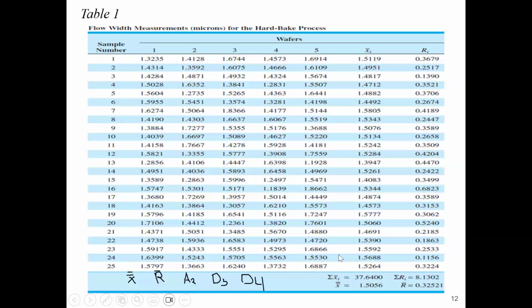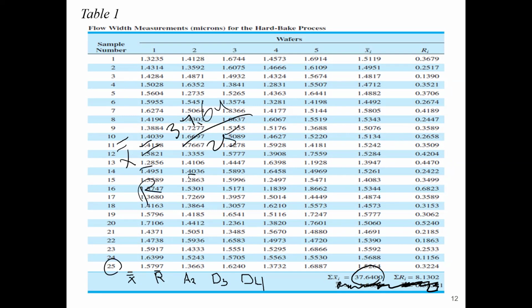This is our data. I don't give the X bar here. If I give you a question on the test or the quiz, I don't give you this. I will ask you to calculate it. X double bar is equal to what? The total here, I give you the total because you need time to find it, divided by 25. This is X double bar.